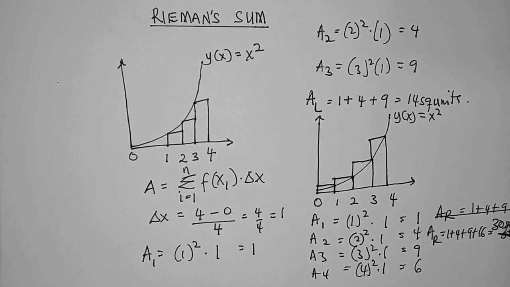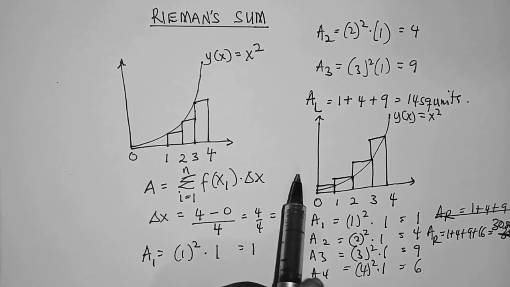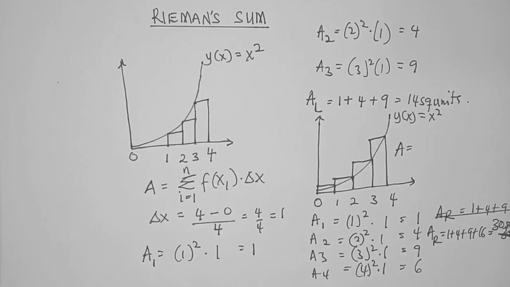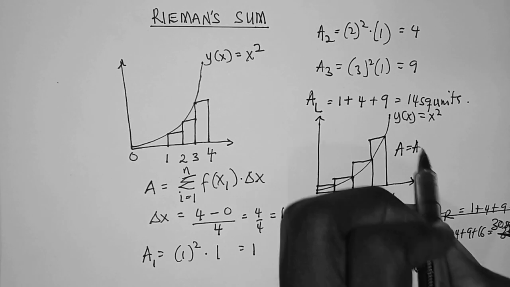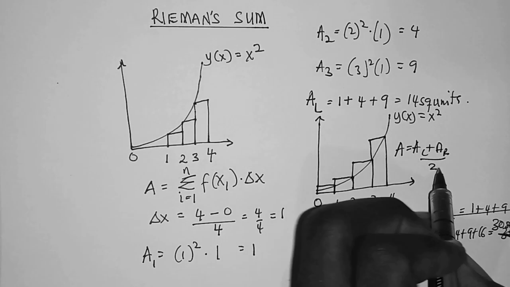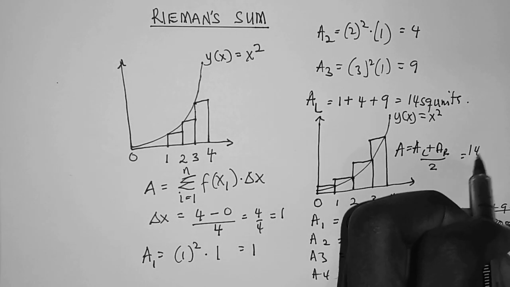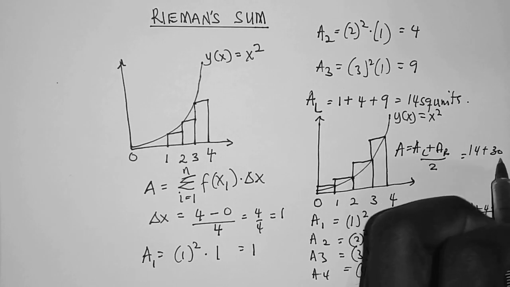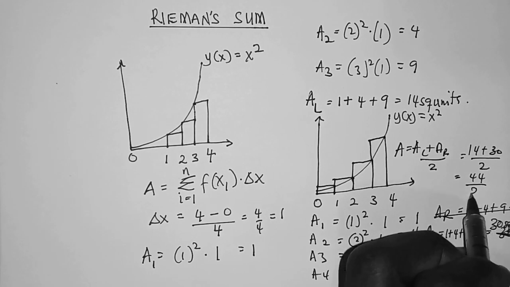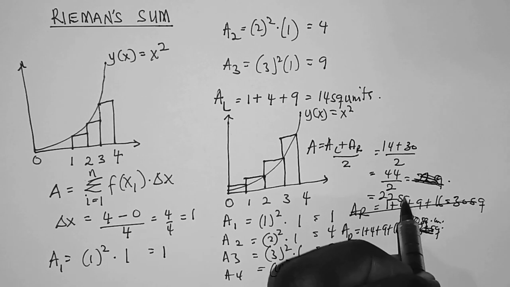Then, in order to find the area that this graph covers, since we found the left endpoint and the right endpoint, we need to find the average. So the area of the graph is the area of the left endpoint plus the area of the right endpoint, divided by 2. The left endpoint was 14 square units plus the right endpoint, which is 30, divided by 2. This is equal to 44 divided by 2, which is 22 square units.